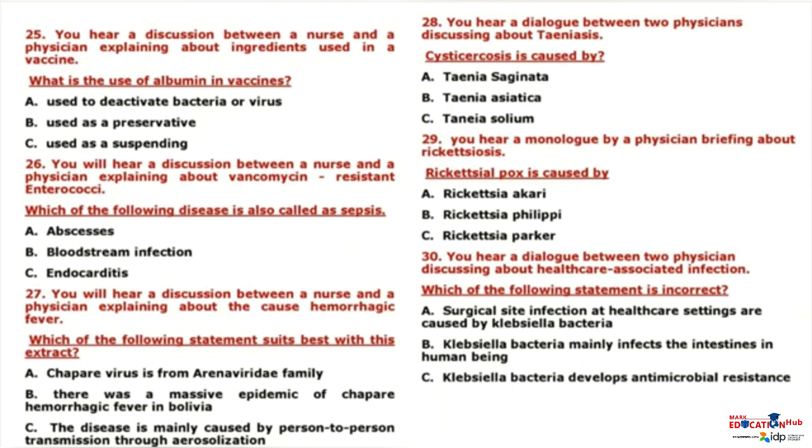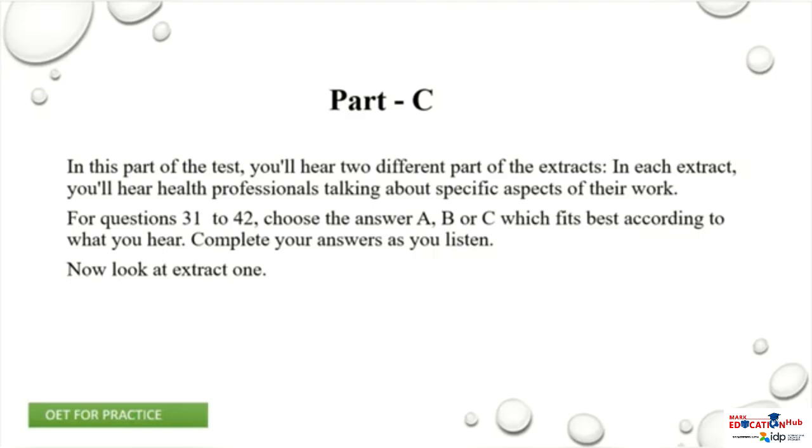That is the end of Part B. Now, look at Part C. Part C. In this part of the test, you'll hear two different extracts. In each extract, you'll hear health professionals talking about specific aspects of their work.